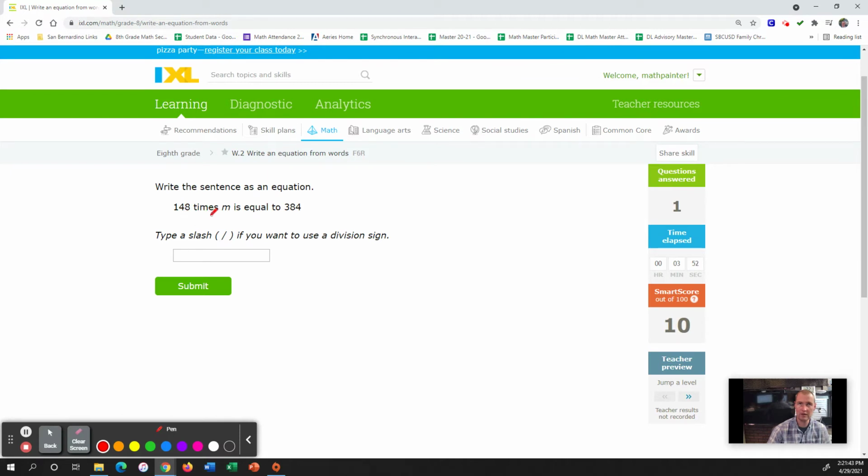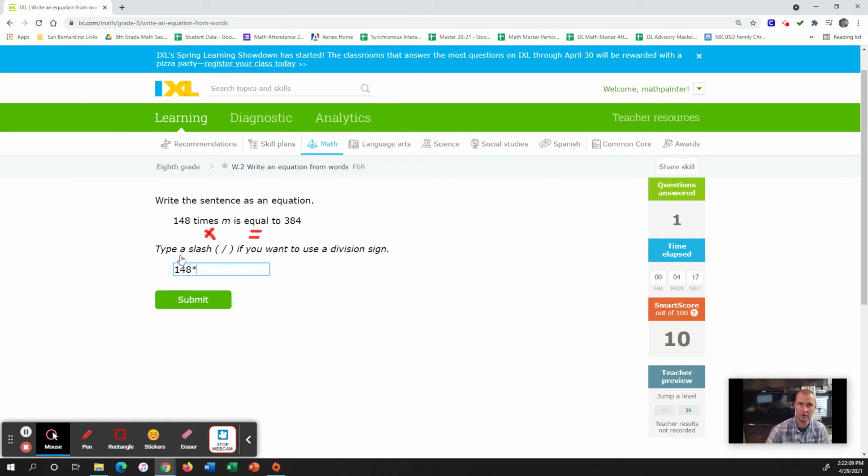We got 148 multiply M is equal to 384. Well, this one's pretty straightforward. All right, so let's just go ahead and start typing it in. So we got 148 multiply. Now, the multiplication is the star key on your keyboard. So on your keyboard, you probably have a little button that looks like this.